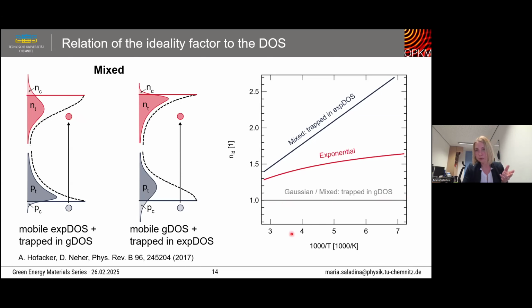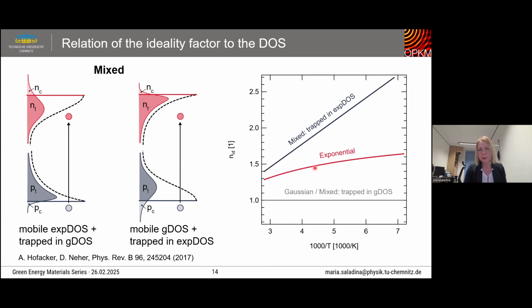But now if we reverse the distributions, and mobile holes come from the Gaussian density of states while electrons are trapped in the exponential, then the ideality factor becomes temperature dependent. But this temperature dependence is different from what we saw for the purely exponential density of states. So we can use this model to distinguish what kind of temperature dependence we have for the ideality factor, and by that draw a conclusion about our density of states.